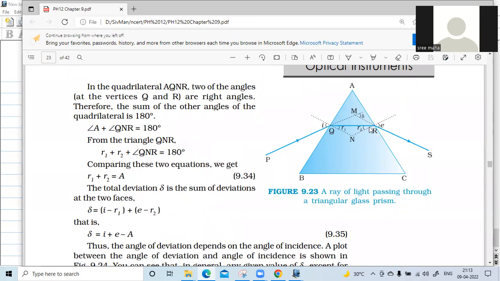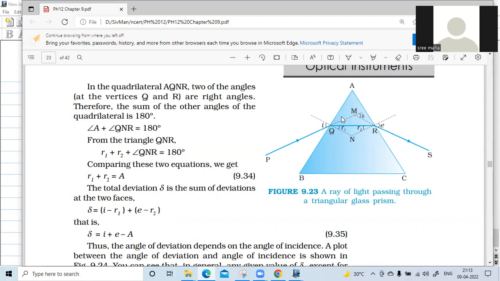Again, you can relate R1 plus R2 to the angle of the prism by a property of a triangle. The angle of the prism is the angle between the two refracting surfaces, not between the other two, because the refracting surfaces are these two.